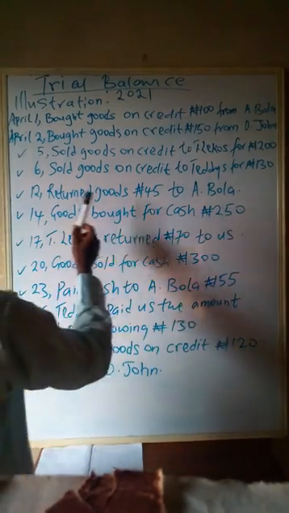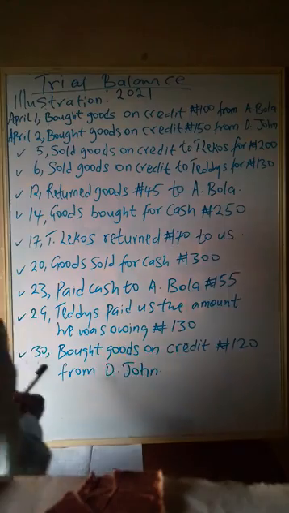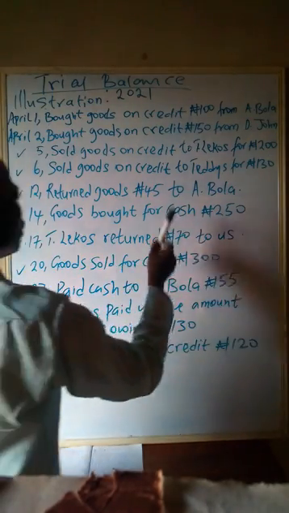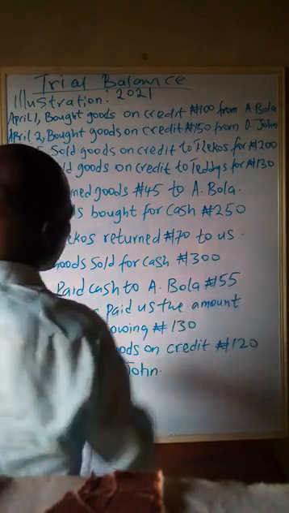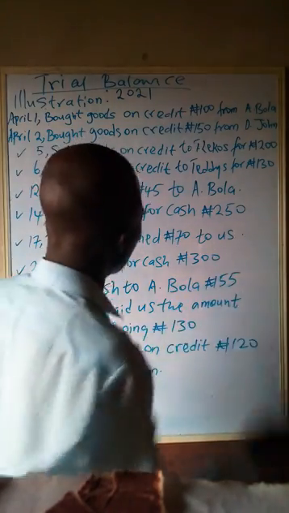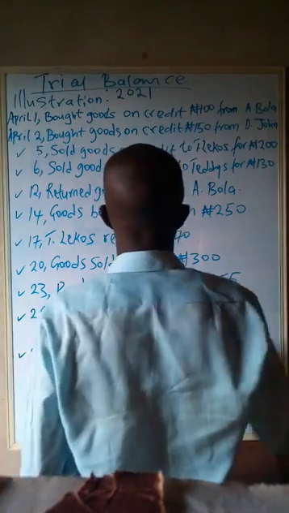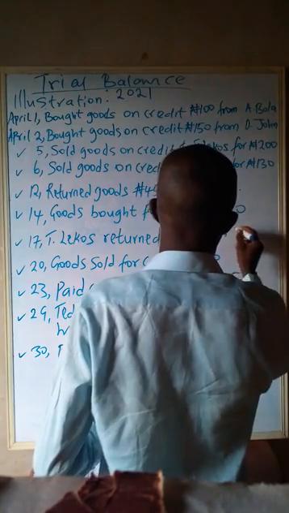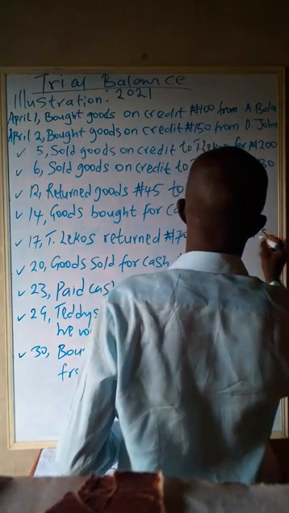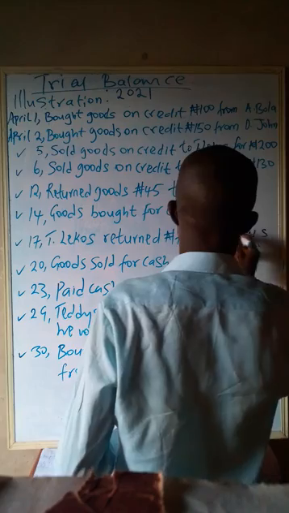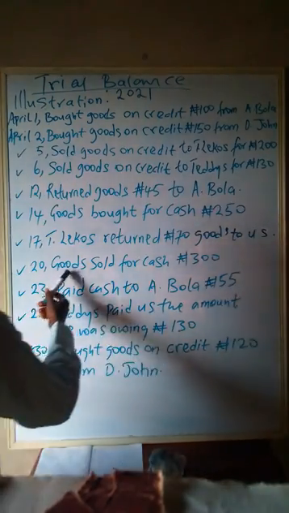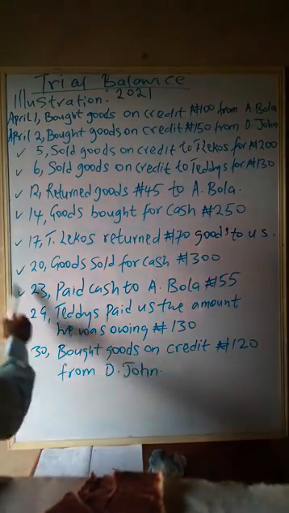April 14th, goods bought for cash, 250 naira. April 17th, T. Likos returned 70 naira goods to us. April 28th, goods sold for cash, 300 naira.